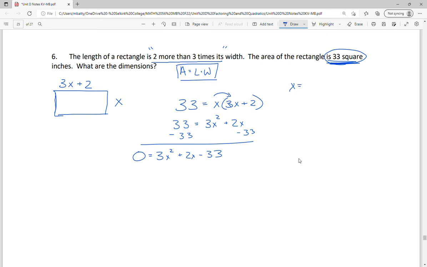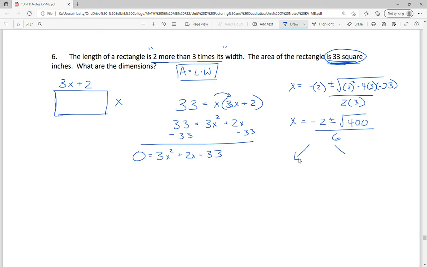So x would equal negative 2 plus or minus the square root of 2 squared minus 4 times 3 times negative 33, all over 2 times 3. Clean this up a little bit. On my calculator, I figured out this was equal to the square root of 400, which is awesome because that's a nice neat number.